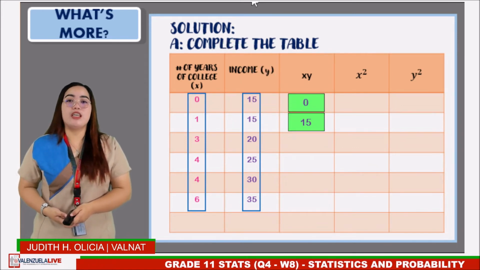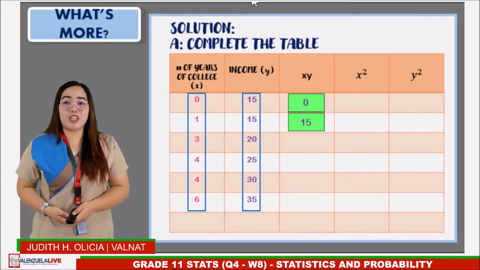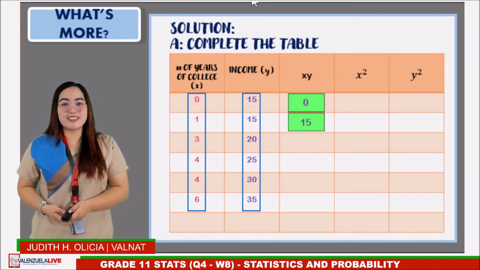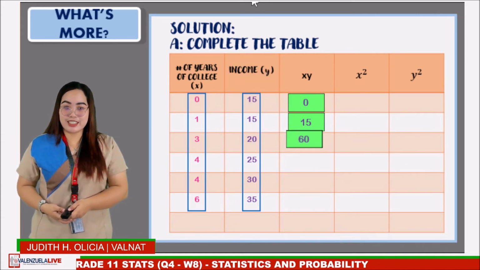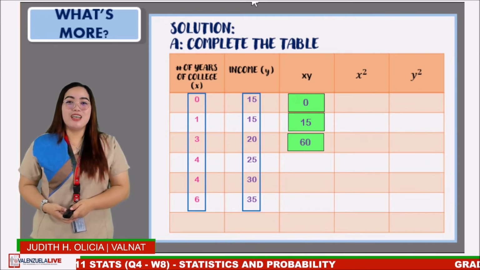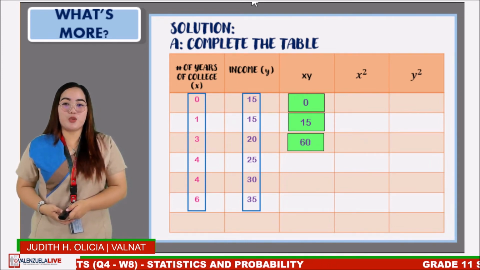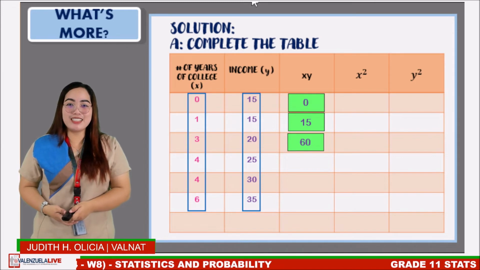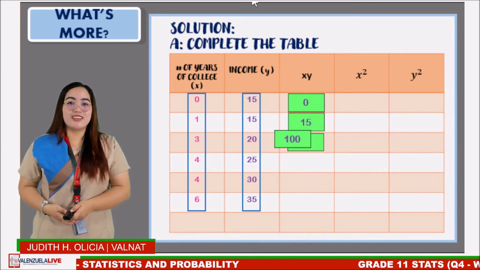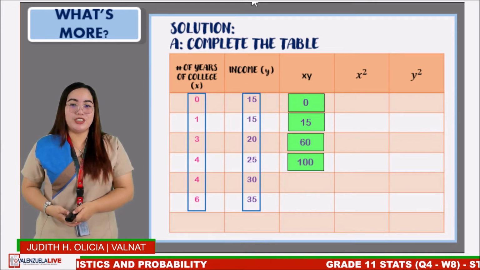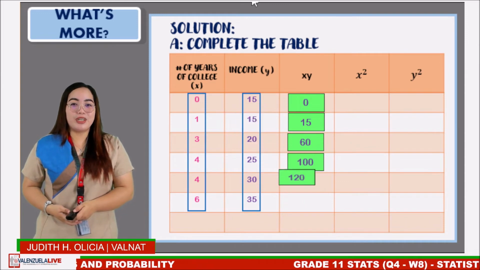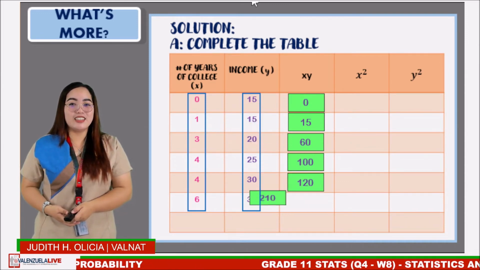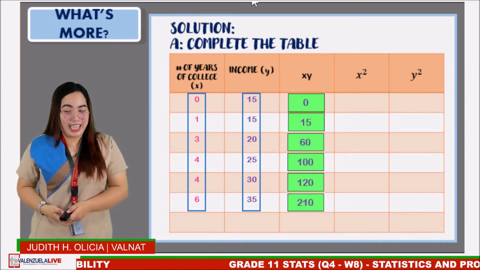Very good. Next, 3 multiplied by 20, the product is 60. Good job. How about 4 multiplied by 25? The product is 100. Very good. Followed by 120 and 210.